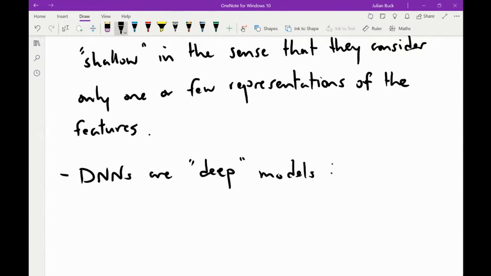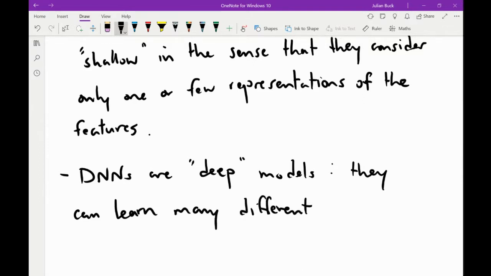Okay, what do we mean? They can learn many different representations of the features. How do they learn? Well, that's something we'll get to later.